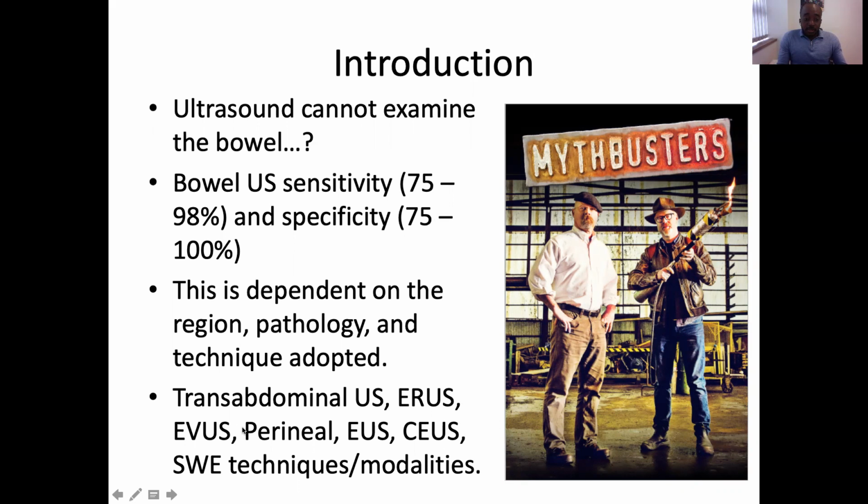endovaginal ultrasound to examine the rectum and the perianal region, the perineal ultrasound, the endoscopic ultrasound, which mostly examines the upper GI tract, contrast enhanced ultrasound, which is very useful in detecting slow flows, especially in cases of Crohn's disease, when we're checking for fibrostenosis, and also trying to differentiate between fibrostenotic occlusion and inflammatory stenosis.